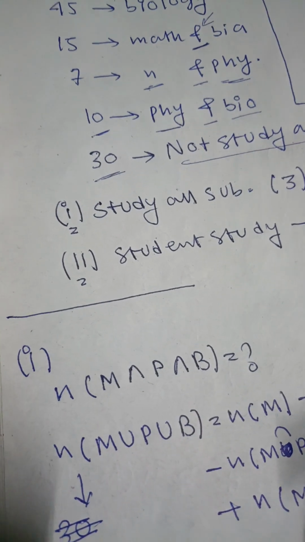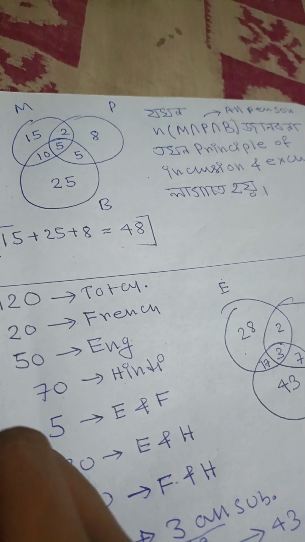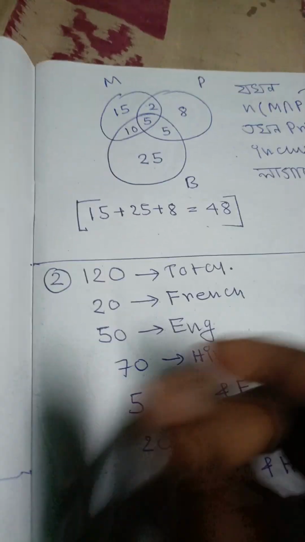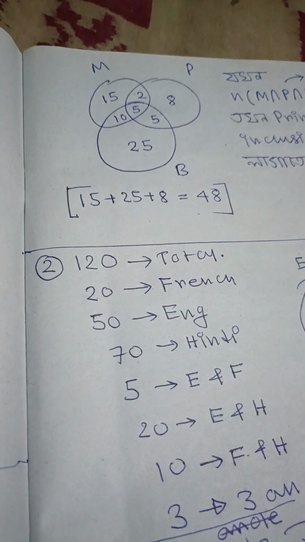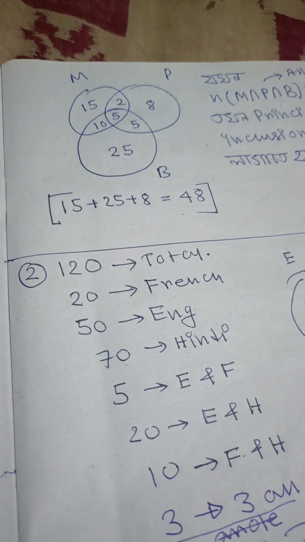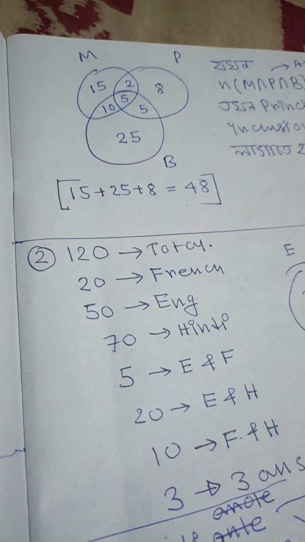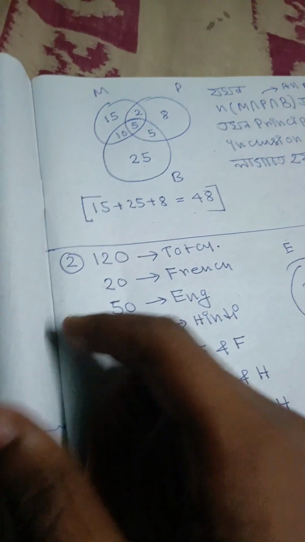how many students are there who are studying all the subjects? The formula we have studied previously is called the principle of inclusion and exclusion. So we will see when we need the formula.